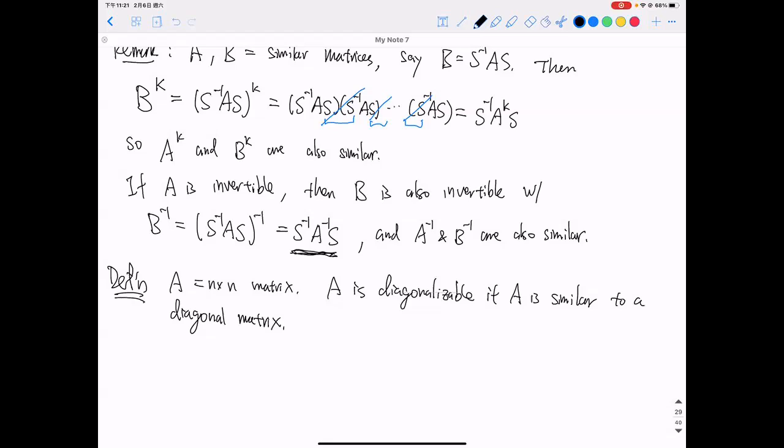Okay. And certainly diagonal matrices are somewhat special, and we say that if a matrix is similar to a diagonal one, we call it diagonalizable.